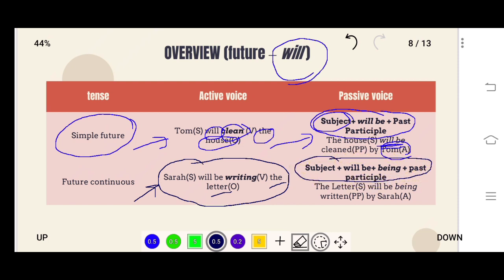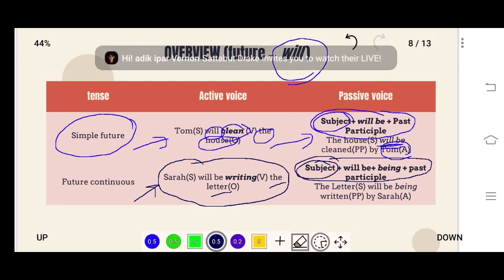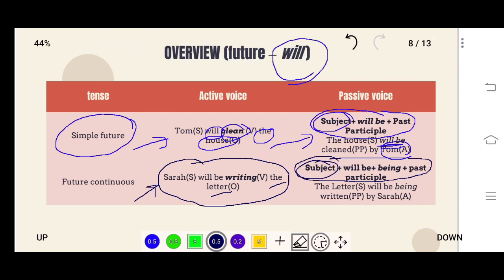The formula will be subject plus will be plus being plus past participle. So to the subject, we add will be, and then we add being, and then we add the past participle. Okay, let's take a look at the answer. The first one is the letter. The letter becomes the subject in the passive voice, but it is the object in the active voice.